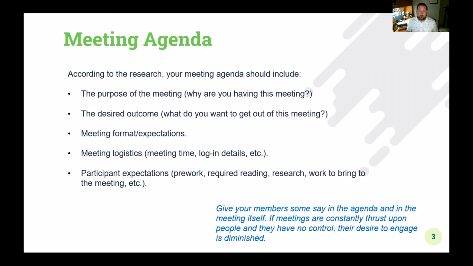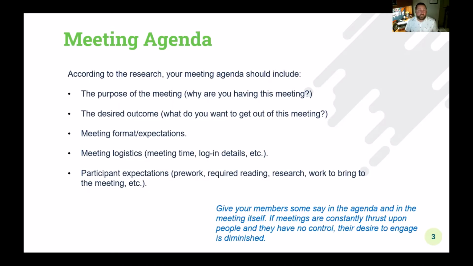It's also very important, as you see on this bottom part, give your members some say in the agenda and in the meeting itself. If meetings are constantly thrust upon people and they have no control, their desire to engage is diminished, right? So it's extremely important in terms of shared leadership, in a democratic process, that prior to finalizing your agenda, you talk to your officers, to whoever's a leader in the organization.